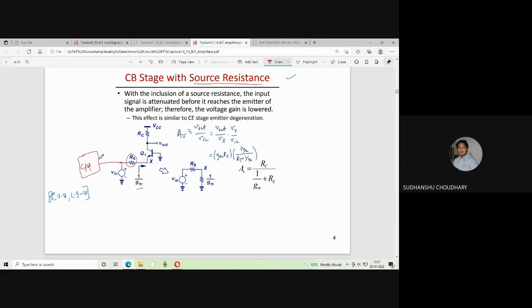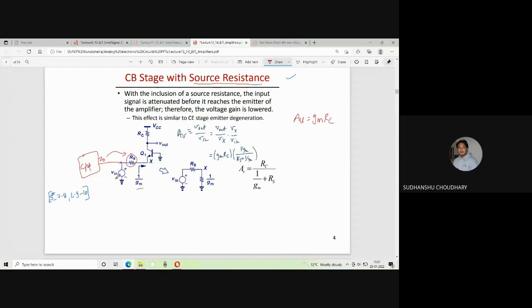This may have some output impedance here, which is actually this RS. So I need to find out the effect of this RS on the gain. The gain was GmRC earlier, but we need to find the effect of this RS on the gain.